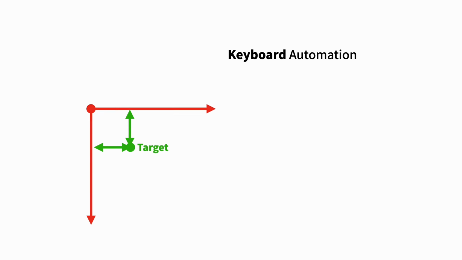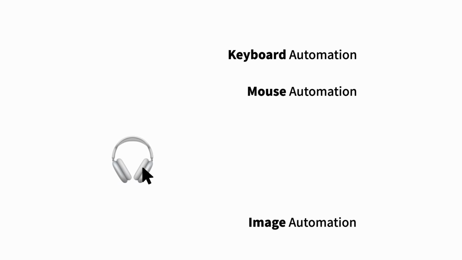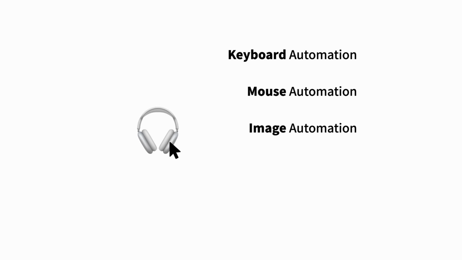If the target operation position is relatively fixed, you can use mouse automation, which is simpler and faster. And if the target operation position is not fixed, but the image remains consistent, image automation is more suitable as it offers greater flexibility. In short, we recommend flexibly choosing the most appropriate automation method based on the actual scenario to ensure the stability and efficiency of the workflow.